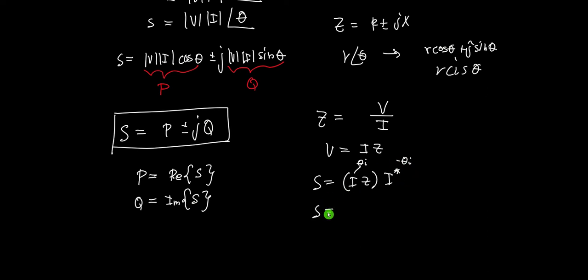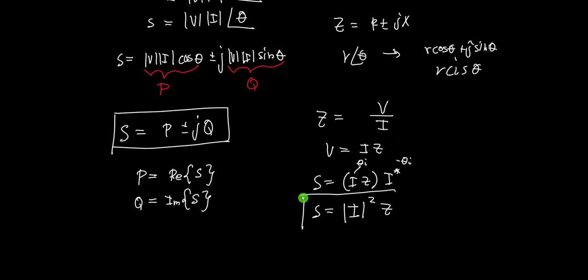So we can rewrite this: the phase angle will be 0. We can just say that the magnitude of I, you square that because this is I times I. We don't have any angle anymore because it will be equal to 0. Then you multiply it with the impedance Z. And it's true because we know that the angle of Z is theta. Therefore, the total angle of S is still the angle theta from here.